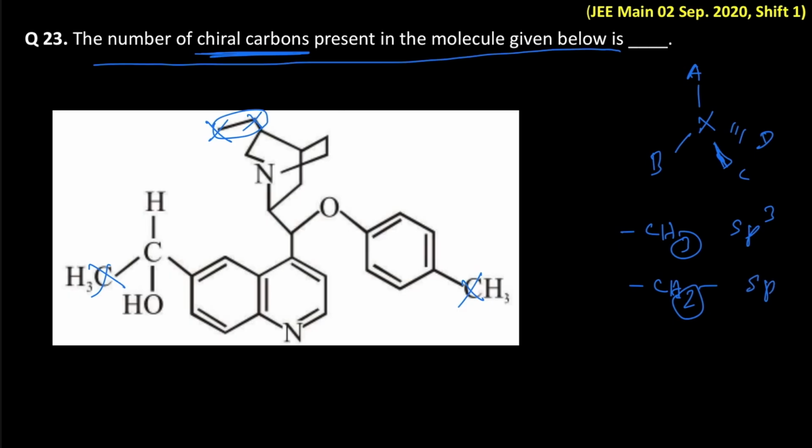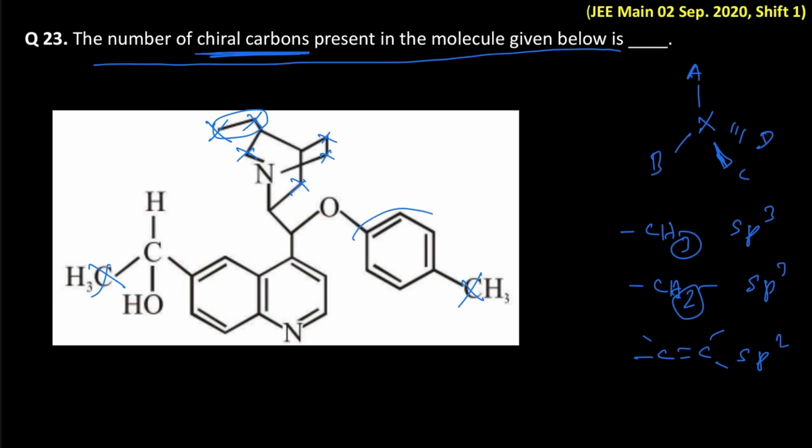So, therefore, all the methylene groups we can eliminate. Methylene, methylene, this is also methylene, and then this is also methylene. And then we can also eliminate all the carbon atoms that are sp2 hybridized. So, if we have a carbon-carbon double bond, we can eliminate.